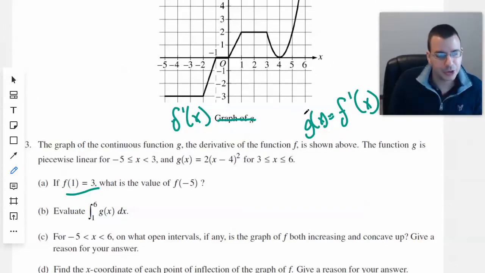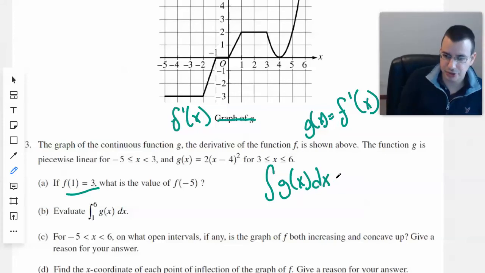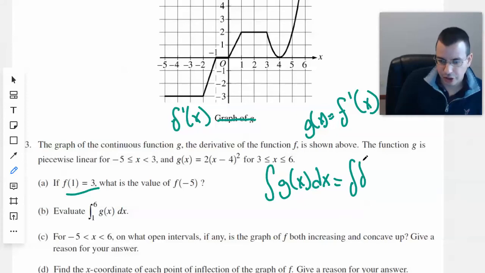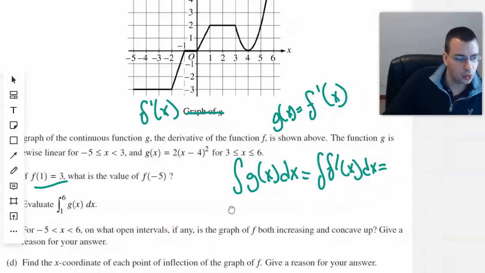Okay, so if we take the integral of g of x dx, because this feels like there's going to be some integration involved, it would equal the integral of f prime of x dx, which should equal, and we'll do this from negative 5 to 1, which they give us as the values for the inputs.